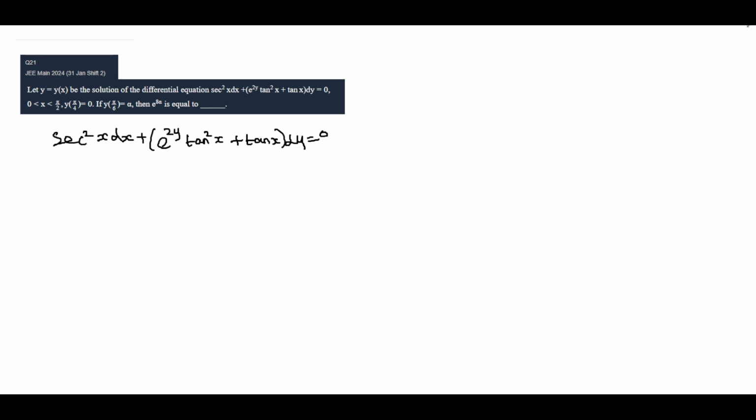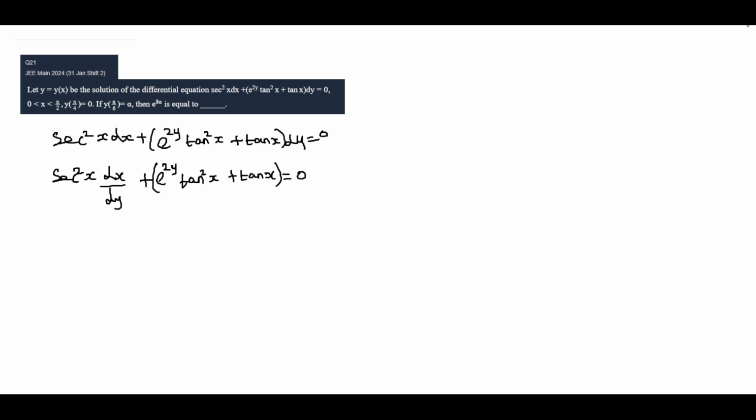Here the x term is there, so I'm using dx by dy. So secant square x dx by dy plus e power 2y tan square x plus tan x equal to 0.